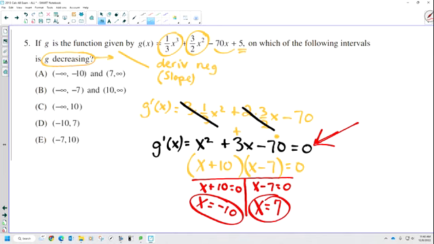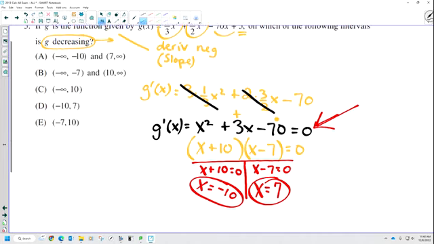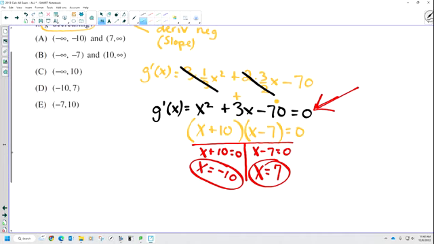Number line time. I'm going to create this little number line. On the top half is my derivative of g, or my slope, and the bottom half is my x value. I know that when x is negative 10 and when x is 7, my derivative is 0.